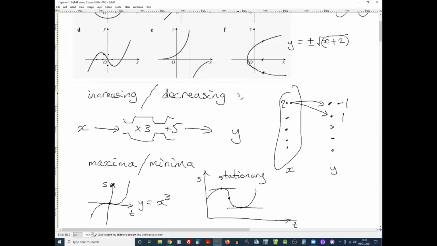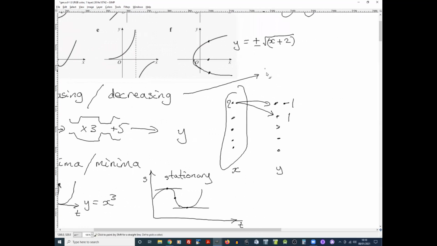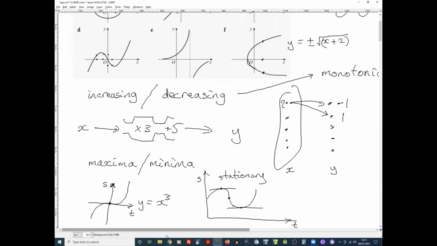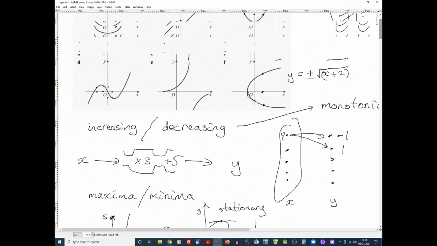The other word I was going to mention, I probably shouldn't, because you probably won't even find it in the book, but this more posh mathematical word, monotonic, which may or may not appear in the index, no, it doesn't, is just a posh technical term meaning exactly either increasing or decreasing.